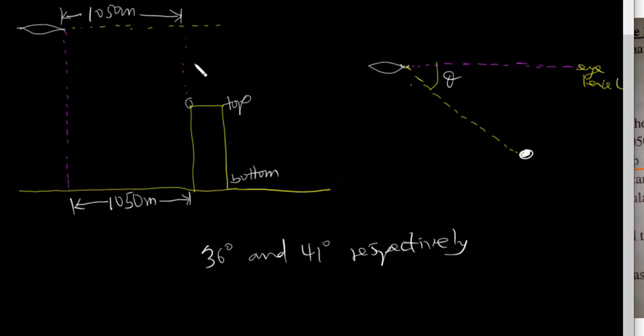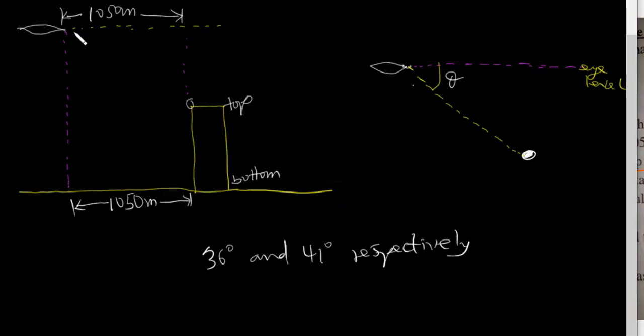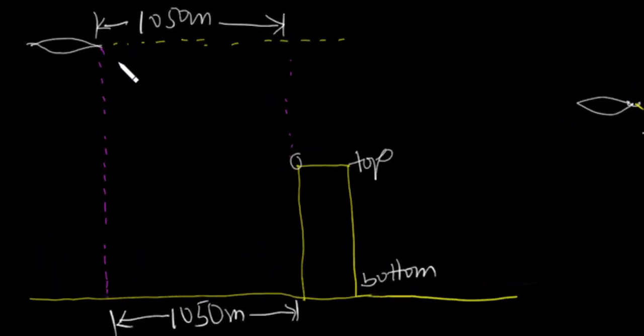So that means that if you lower your eye from the horizontal eye level to look at the top of the tower, the angle that you go through is 36 degrees.